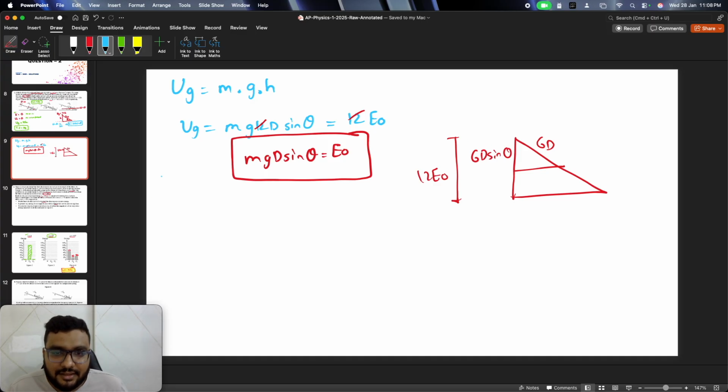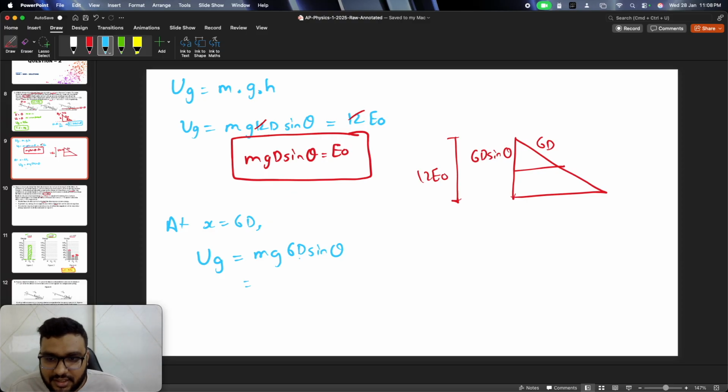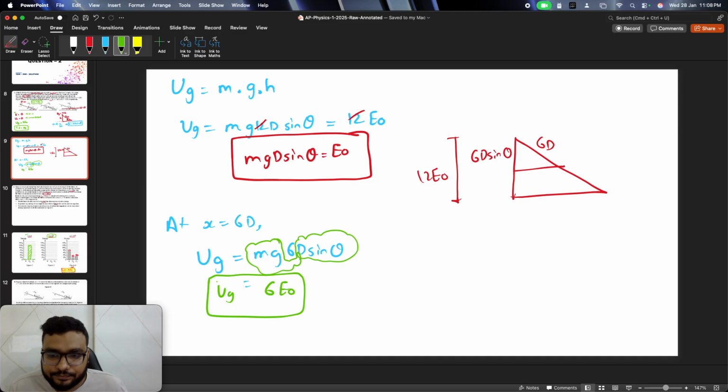At x equals 6d, the potential energy is going to be mg 6d sine theta, and we know the value of mgd sine theta is E naught. So I can replace it, and it is going to be 6 times E naught. So Ug is equal to 6 E naught.